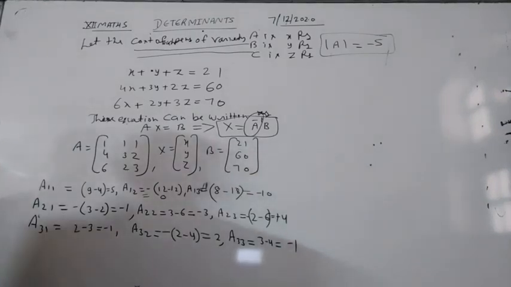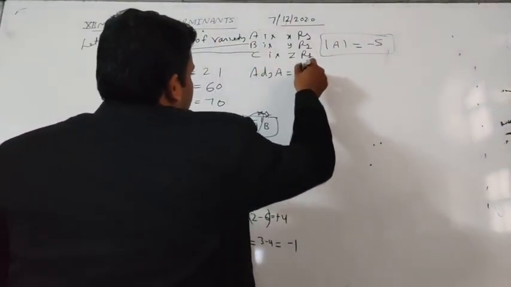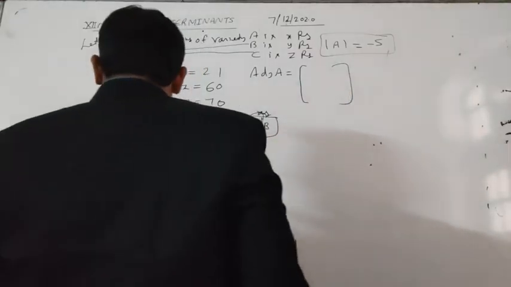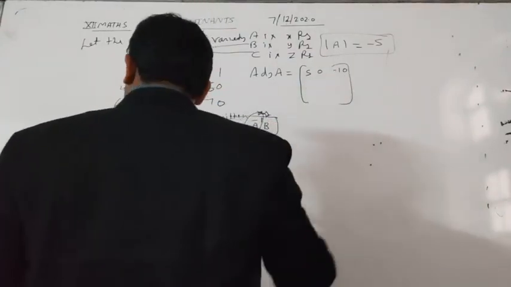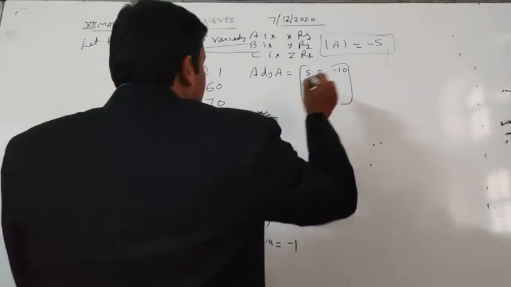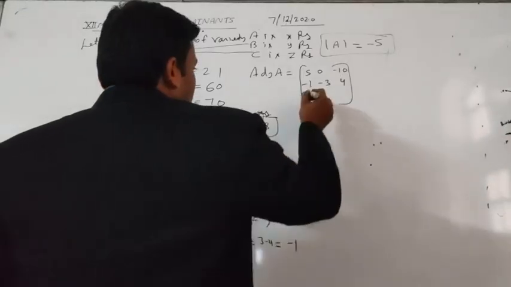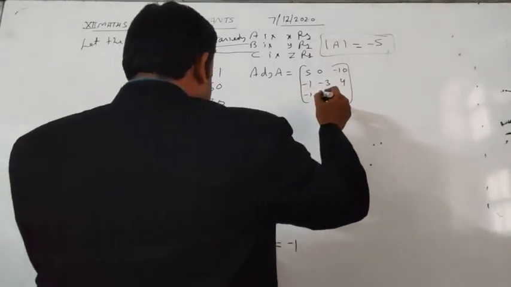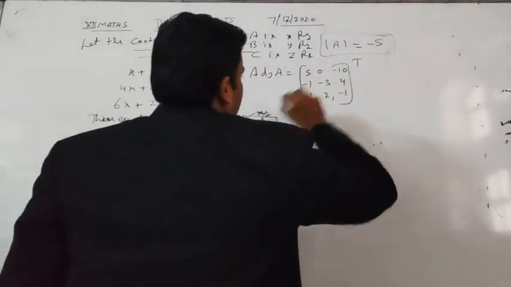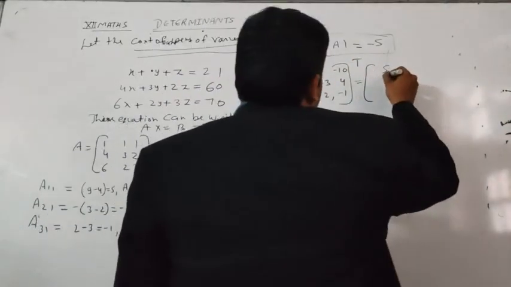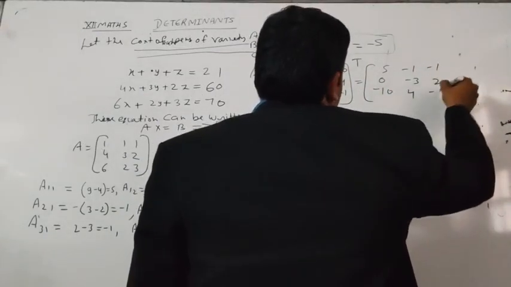Now we will write our adjoint of A. The matrix of cofactors is 5, 0, minus 10, minus 1, minus 3, 4, minus 1, 2, minus 1.